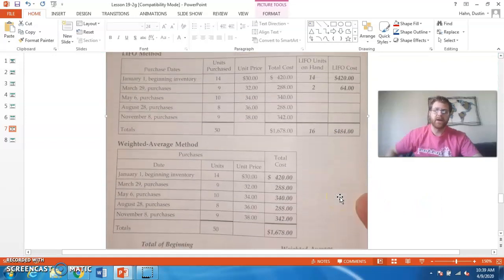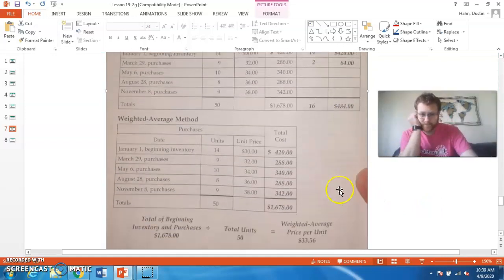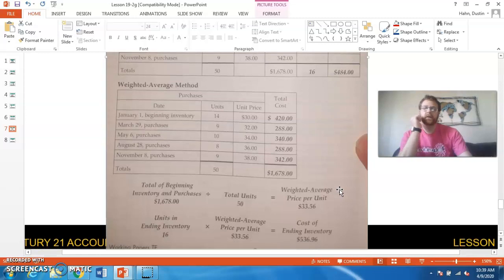Now, if you scroll down to your weighted average, here's how many units you have left throughout the course of the year you purchased. Here's your unit price. Again, that's $16.78. Calculate those over. So 14 times 30, 9 times 32, 10 times 34.